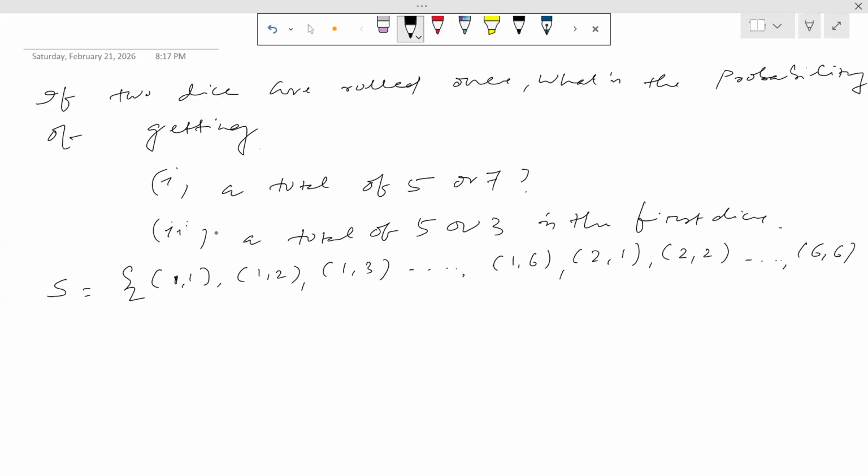Now let us try to understand. A is equal to the event of getting a total of 5, right? So what will be the events?